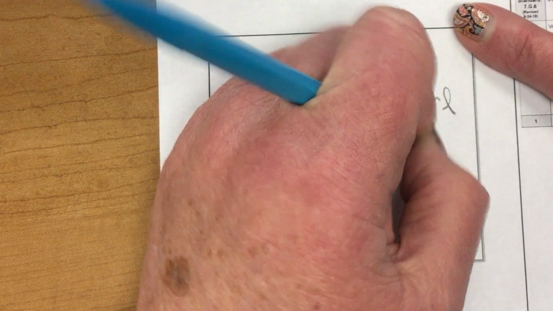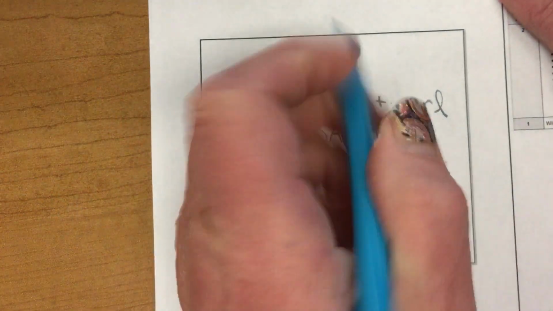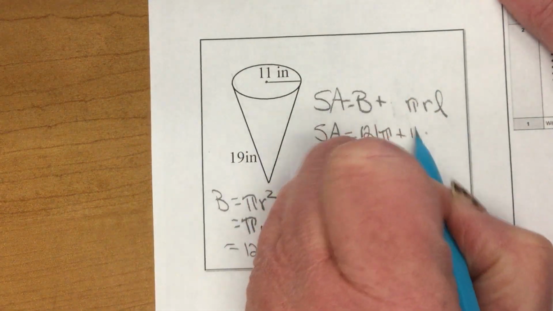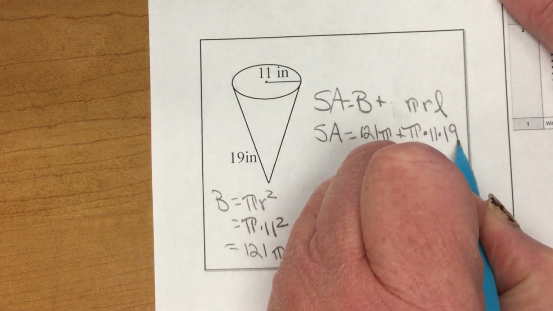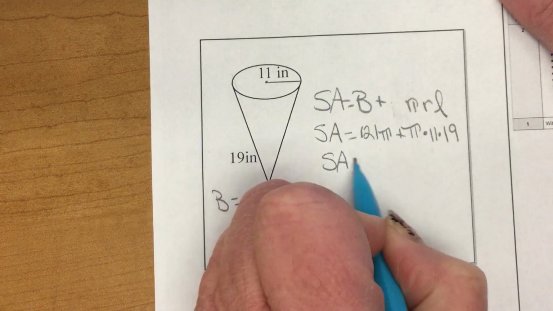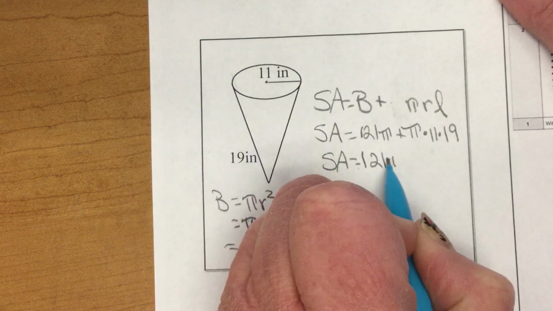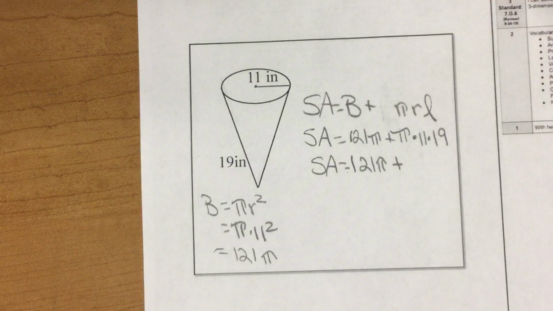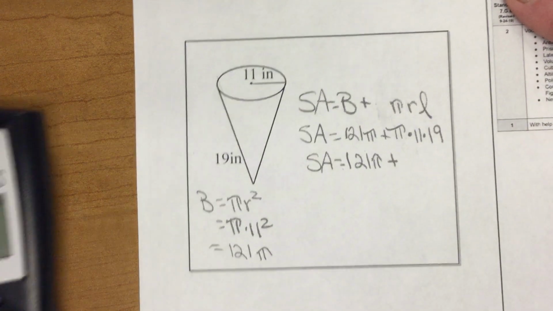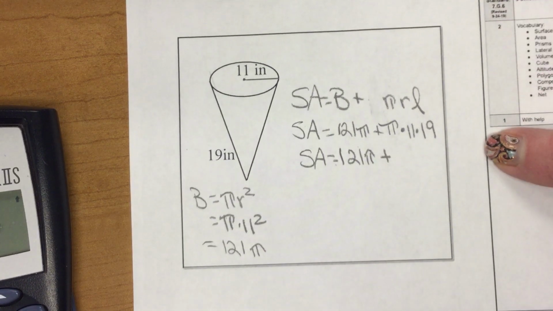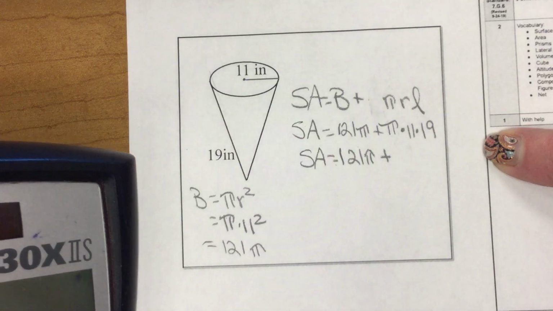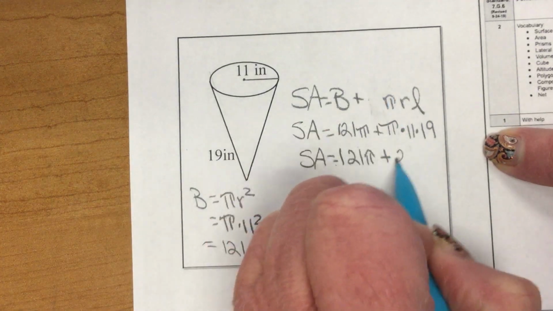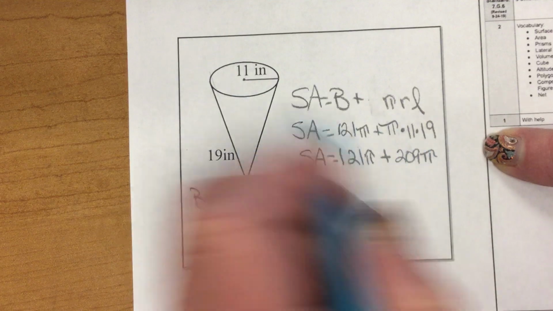It's just pi RL. That's my mistake. I caught it though. Pi times 11 times 19. Aren't you glad I did that? We all make mistakes. It's if you catch them and fix them and not get upset about it. If I got upset every time I made a mistake, oof, my blood pressure would be through the roof. So 209 pi.